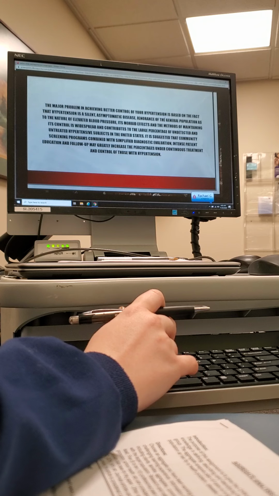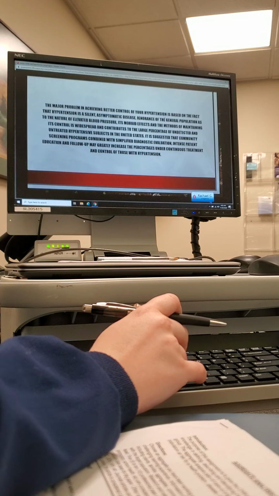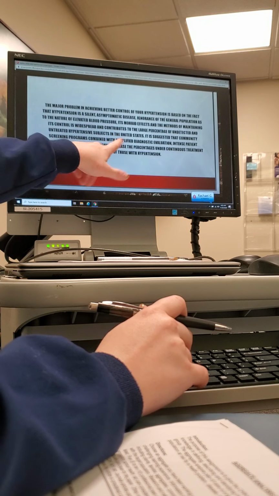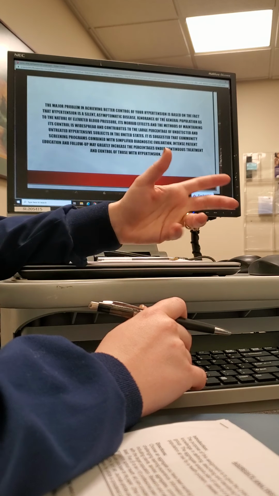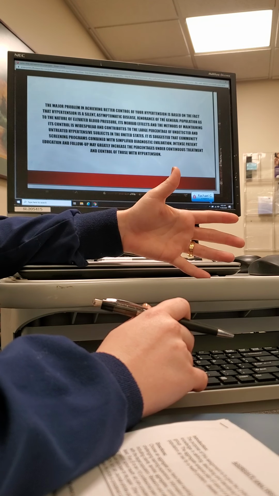It is suggested that community screening programs combined with simplified diagnostic evaluation, intense patient education, such as what I'm doing right now, and a follow-up with your primary care provider may greatly increase the percentages under continuous treatment and control of those with hypertension. So what they mean here by community screening programs is, like when you go to donate blood, you have to have a set of vitals done.